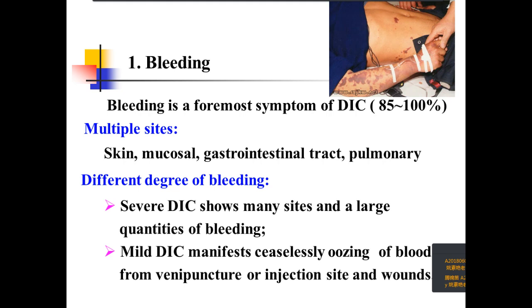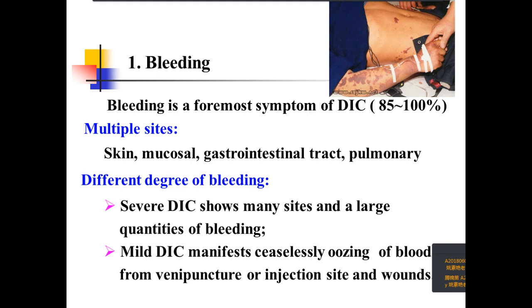Now, why does bleeding happen? From which stage does bleeding happen? At the hypocoagulable stage. We know what leads to bleeding: coagulation factors and platelets are consumed. Now, does the second fibrinolytic stage have bleeding or not? It does.